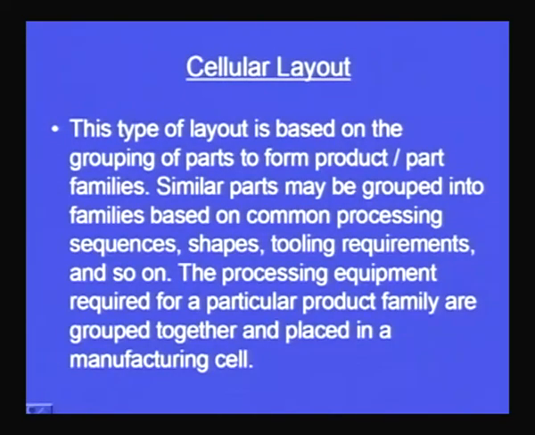So, the first criterion is commonness in the processing sequence, the second is commonness in the geometrical features, and the third is the tooling requirement, which may hold a relatively lesser weightage than the previous two. Tooling requirement means parts which require similar tools, jigs and fixtures may be clubbed together into a particular part family.